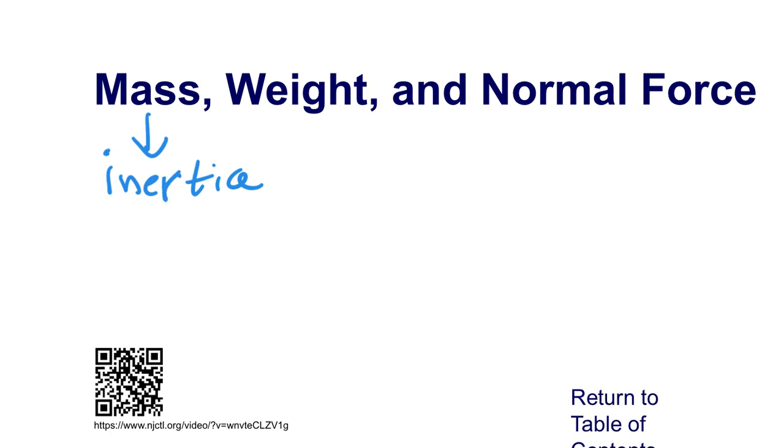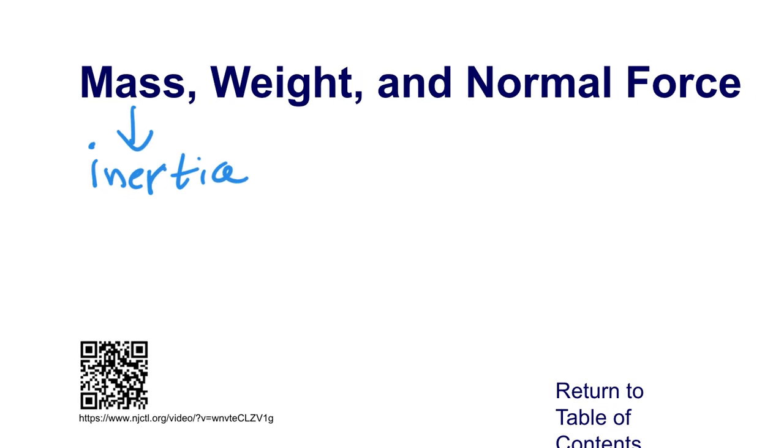If you have a lot of mass, you have a lot of inertia, and it's going to be difficult to change your speed if you're moving, or to get you into motion if you're at rest. That's the first law of motion. It takes a net force to change your state of motion or your state of rest.